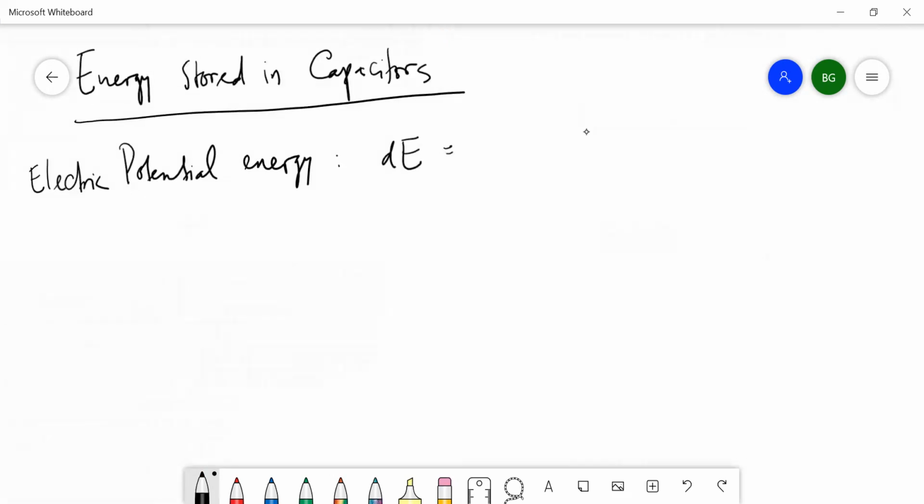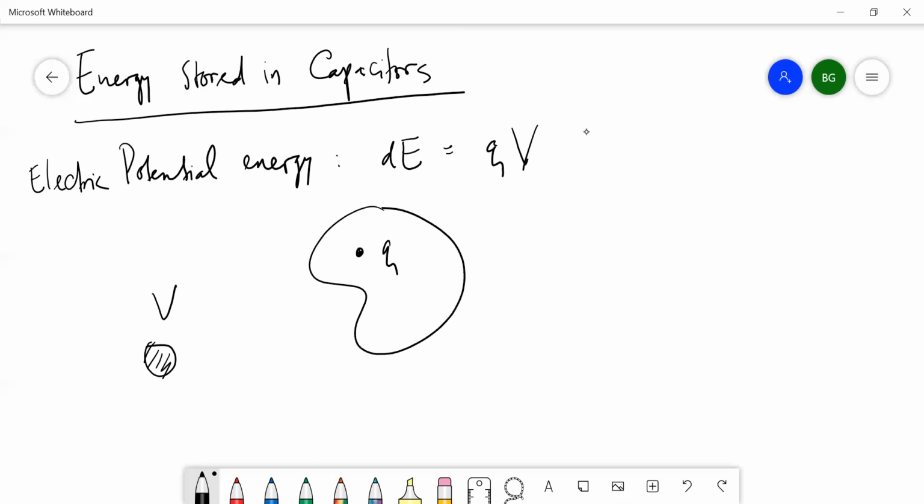Usually, if we have a source of potential V and we have, for example, a charge Q, the potential energy is usually Q times V. If this object is a continuous thing, we just replace Q by the infinitesimal dQ.